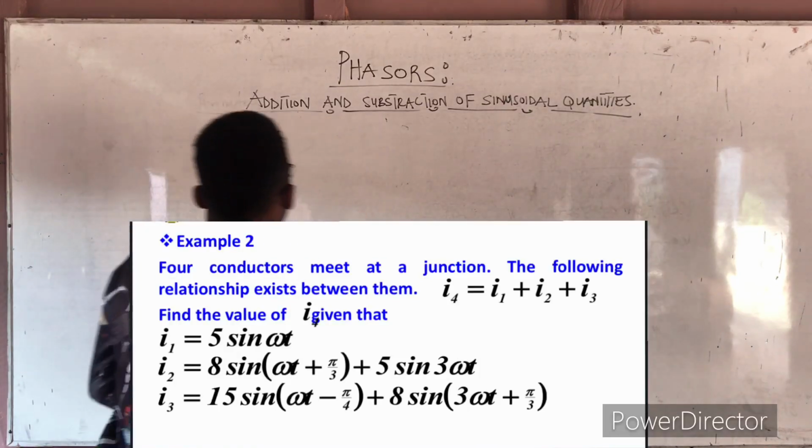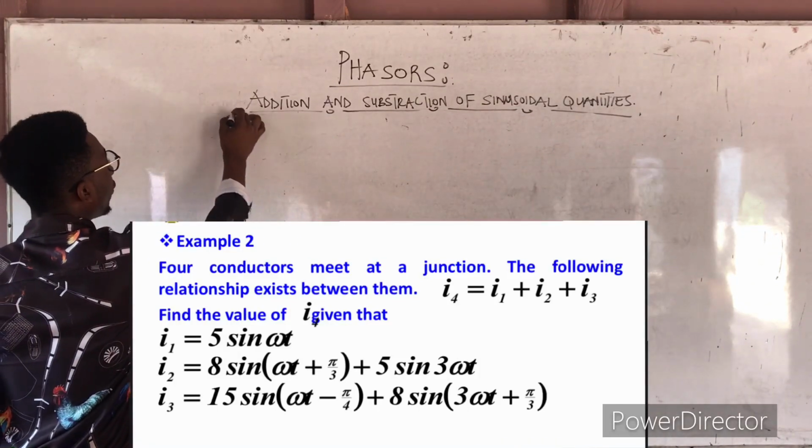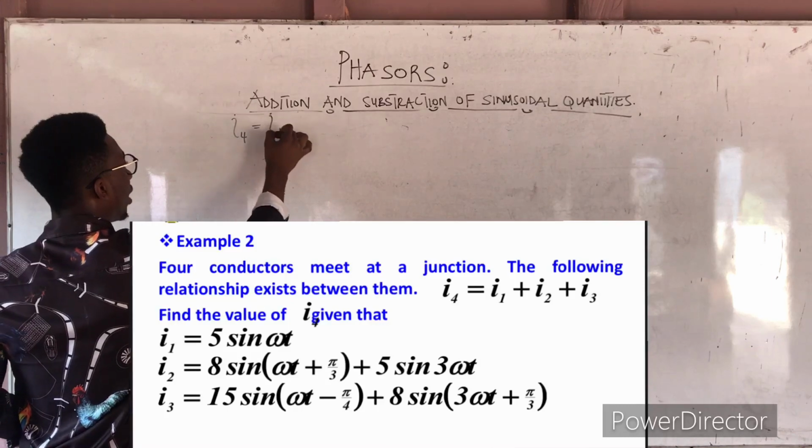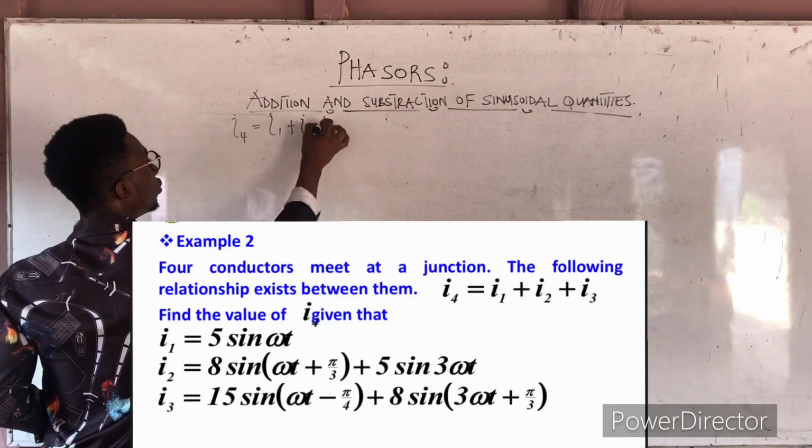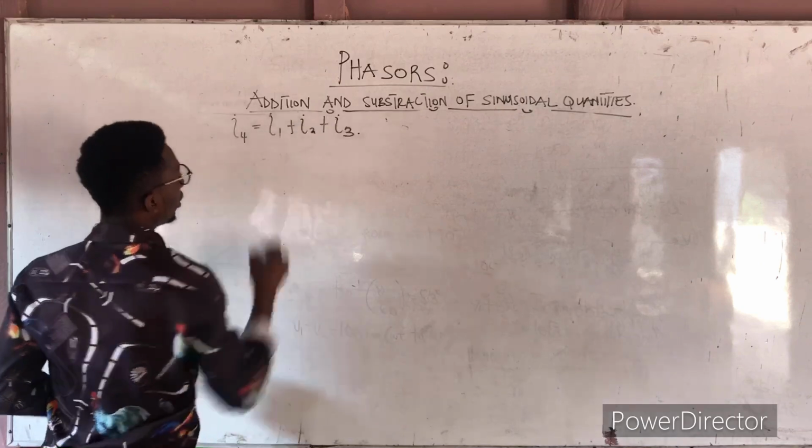So from the question, we are asked to find I4, which is equal to I1 plus I2 plus I3.